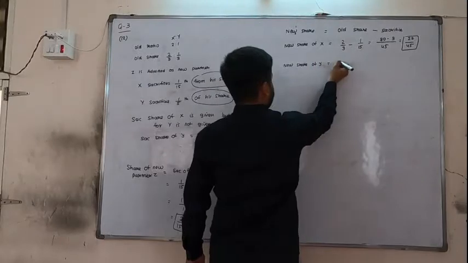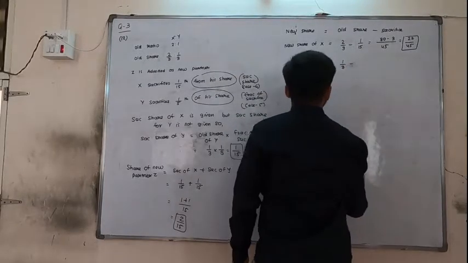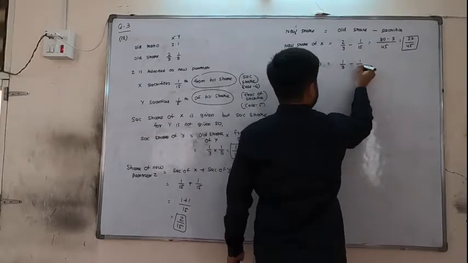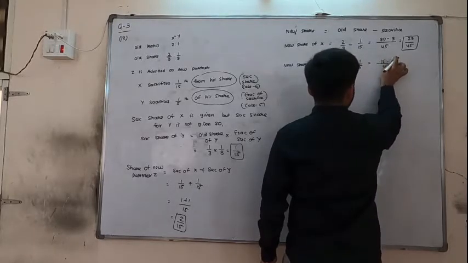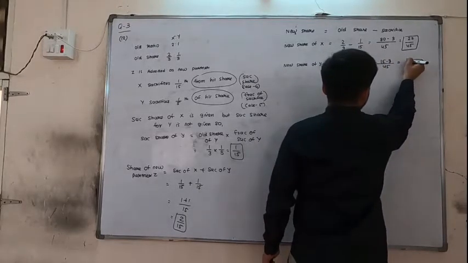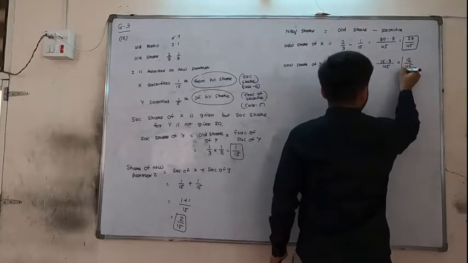New share of Y: old share of Y is 1/3, sacrifice of Y is 1/15. 15 3s are 45, 15 1s are 15, 3 1s are 3, so 12/45.